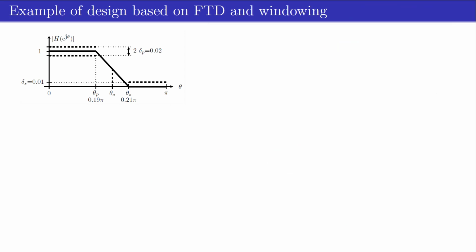Suppose that we would like to design an FIR linear phase filter according to the specifications as depicted in the figure, with cutoff frequency theta_c is 0.2 pi, which is in the middle of the passband and the stopband cutoff frequencies theta_p and theta_s respectively.